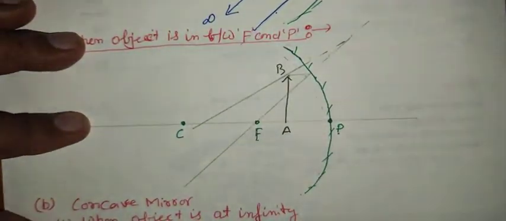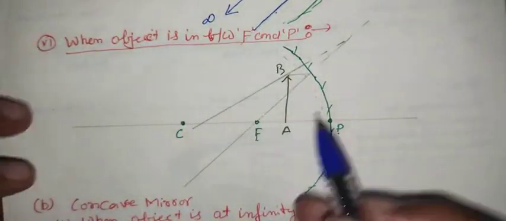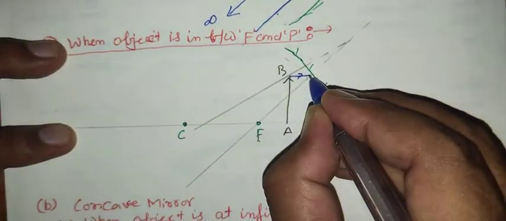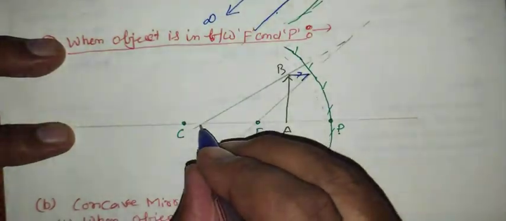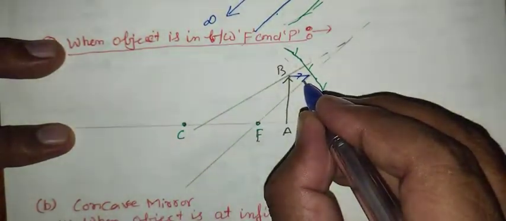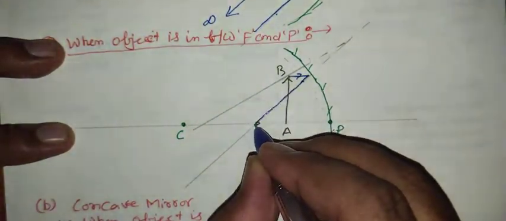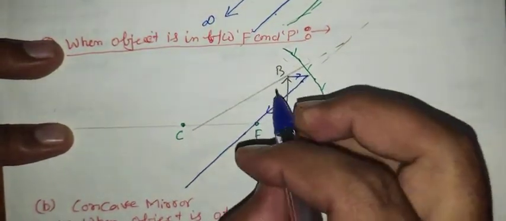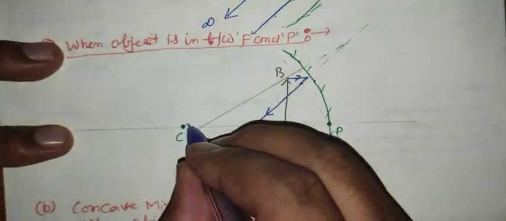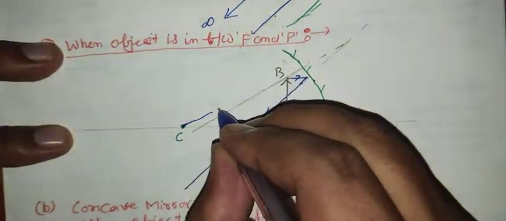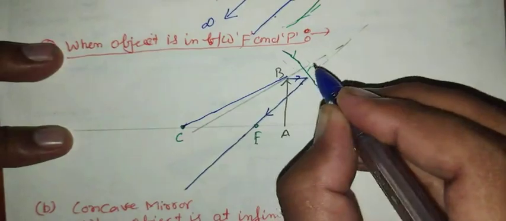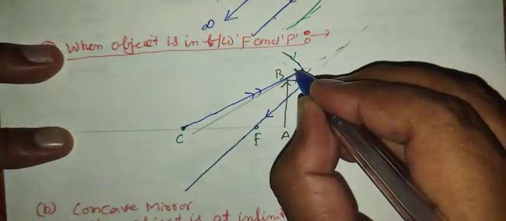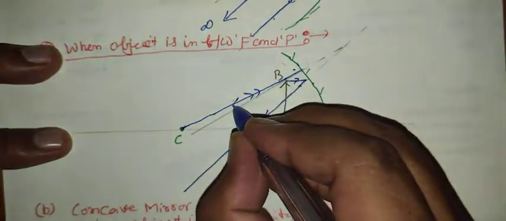To make a ray diagram, we will take first, carefully see, the ray parallel to the principal axis, which always passes through the focal point. The second ray we will take from the center of curvature, falling on here and returning back in the same direction.